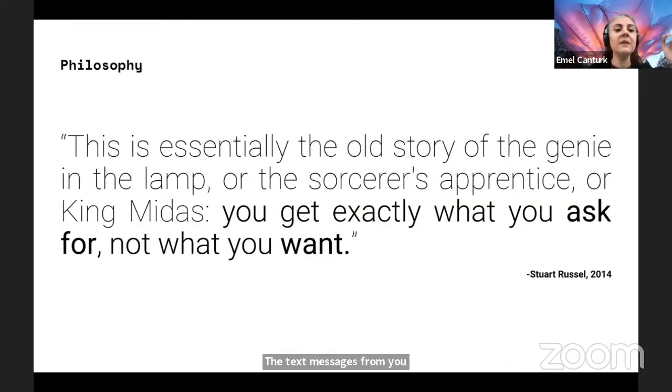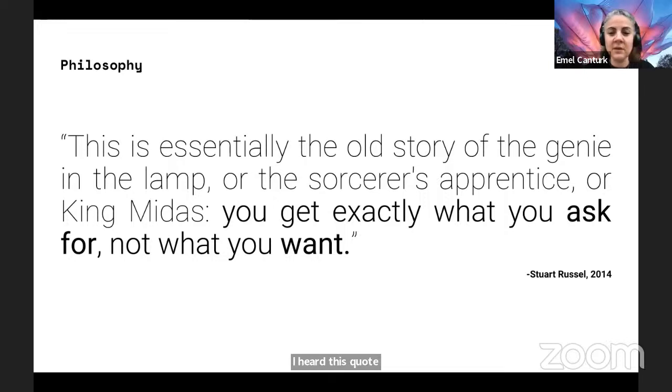Yeah, again we start with philosophy. I think it's really important. Without a philosophy, I think it doesn't have any meaning to learn something. So I always start with the philosophy of something. This is a quote from Stuart Russell. I heard this quote from Joshua Vermillion, by the way.